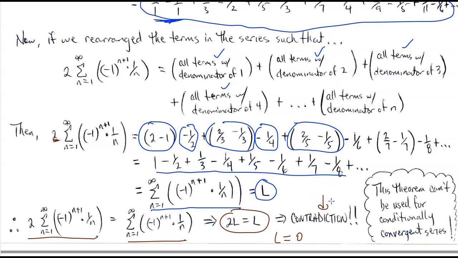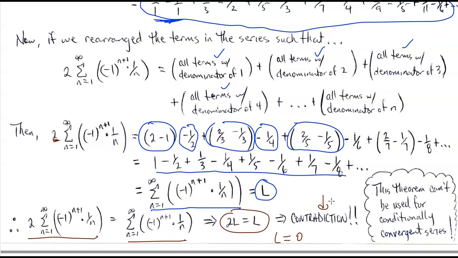And so yes, this time we're dealing with the alternating series, and we kind of assume that that particular series would end up converging to 0. But what if we had something different? If we had something different than that, then this same result would end up happening, and we'd still have 2L equals L, and it wouldn't make sense because we know if L wasn't 0, then these two things wouldn't be equal, okay?